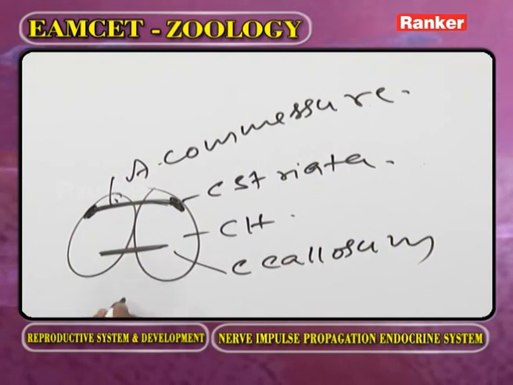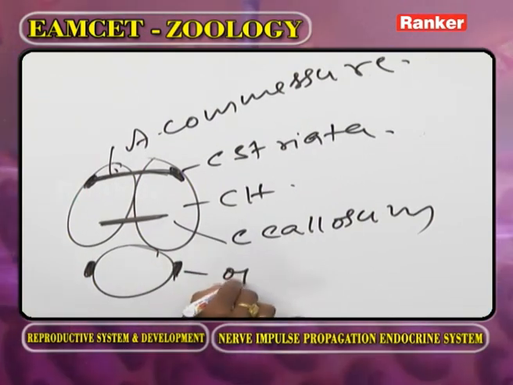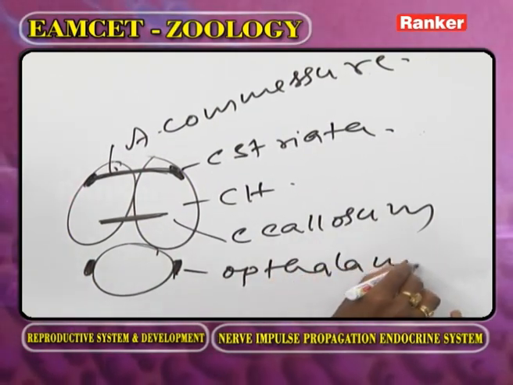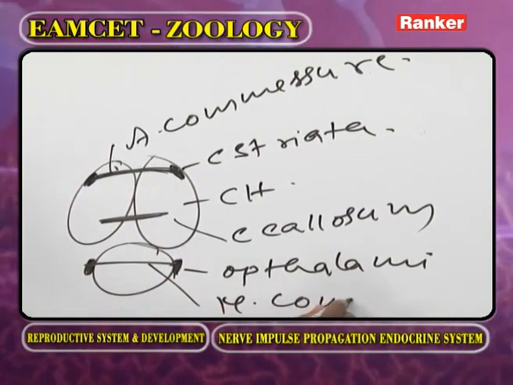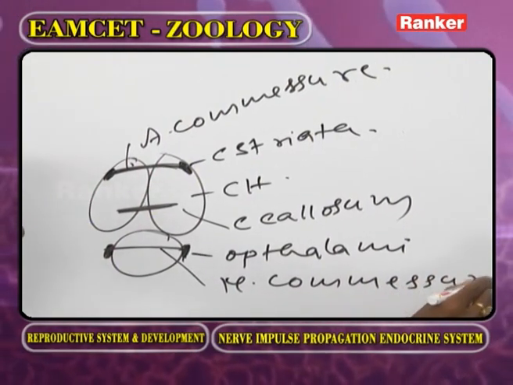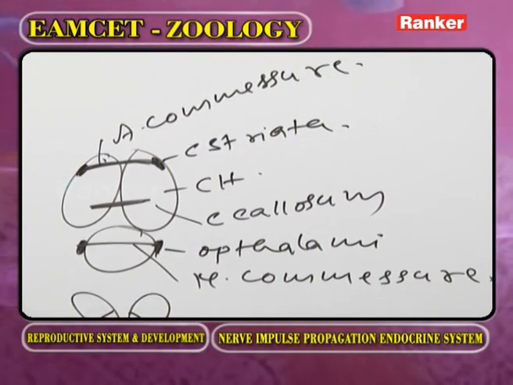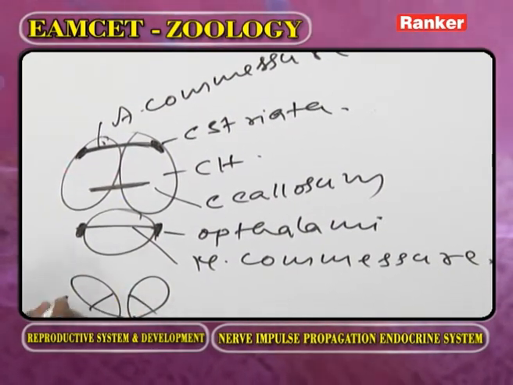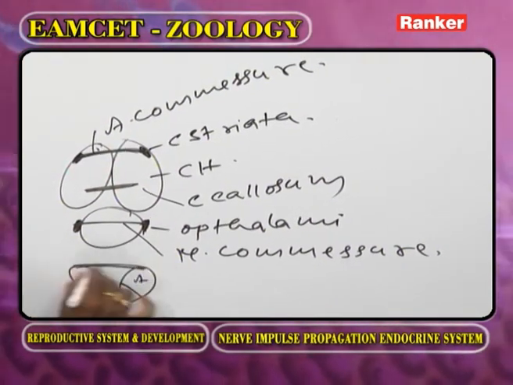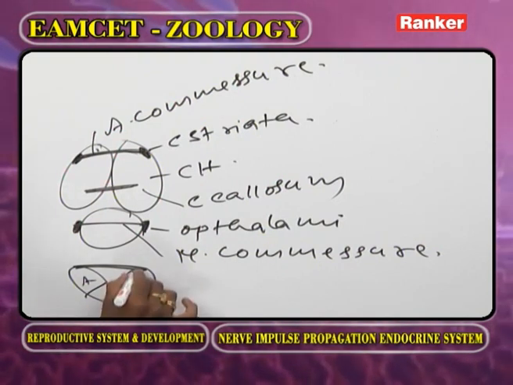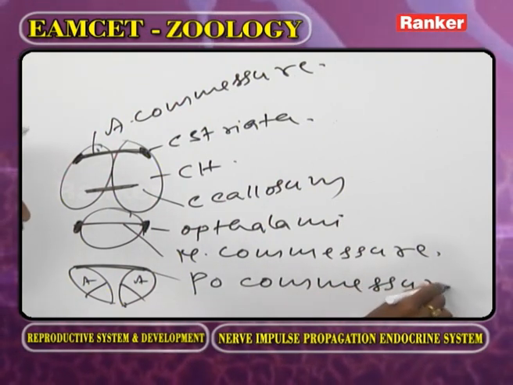And next, as we observe the diencephalon, these are called the optic thalami. The optic thalami are connected by the median commissure. And these are called the optic lobes. Now you observe, how many optic lobes? 4 optic lobes. These are called anterior optic lobes. The anterior optic lobes are connected by what type of commissure? The posterior commissure.